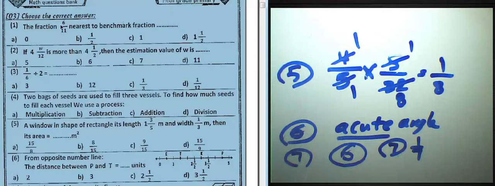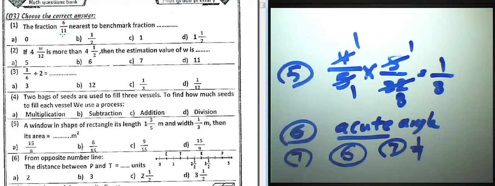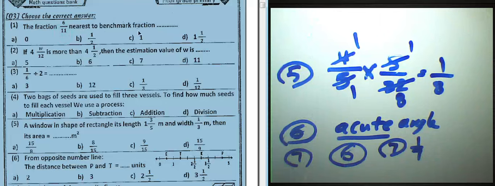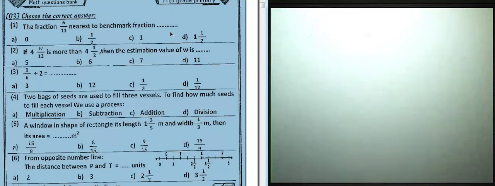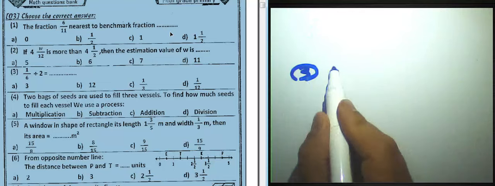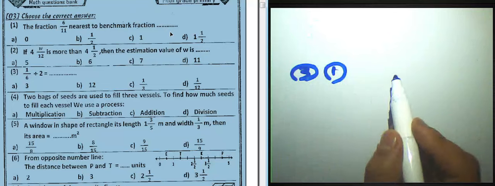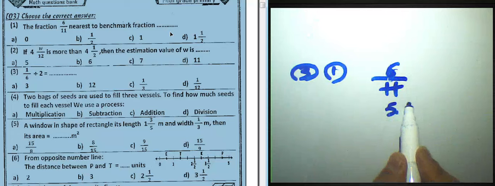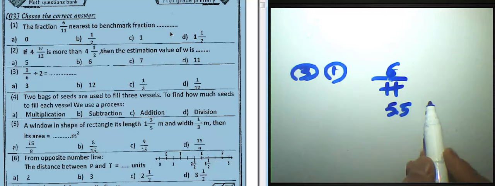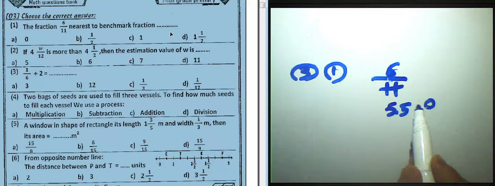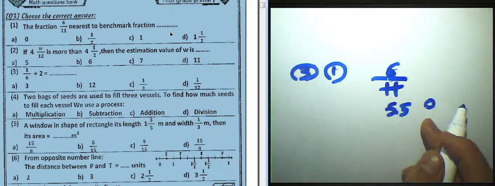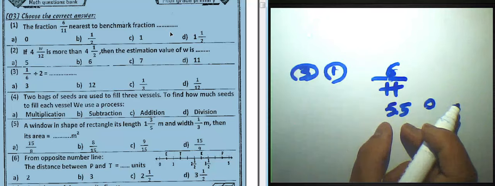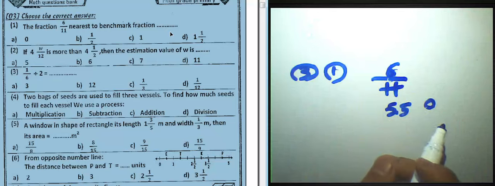Question number 3. Choose the correct answer. The fraction 6 over 11 is nearest to the benchmark fraction blank. Okay, we know the half of 11 equals 5.5. Number 1, 6 over 11. Ask yourself, half of 11 equals what? Equals 5.5. And we can ask ourselves, 6 is greater than 0 and nearest to 5.5, which is half of 11.